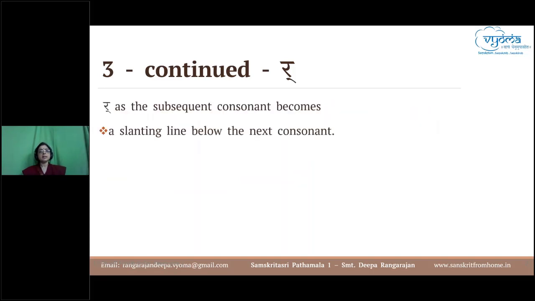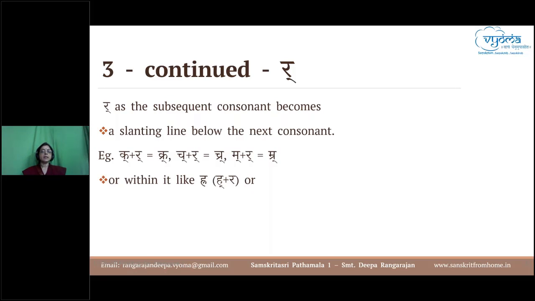Now, when it appears as the subsequent consonant, two things can happen. Either it can become a slanting line under the next consonant, as in this case, k plus r, kr, ch plus r, chr, m plus r, mr. Now, this is one possibility.